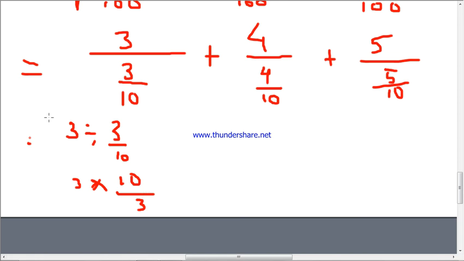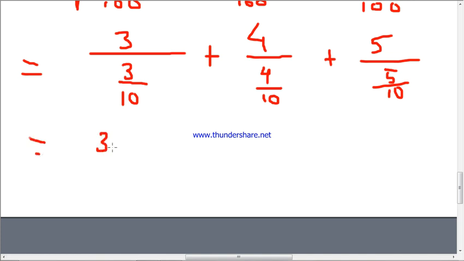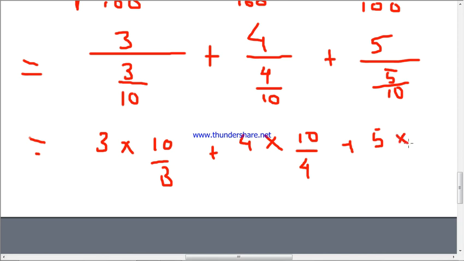So this is what I'm going to do over here. I'm going to do direct reciprocal. So 3 divided by 3 by 10 will become 3 multiplied by 10 by 3, plus 4 multiplied by 10 by 4. I showed you how. Plus 5 multiplied by 10 by 5.